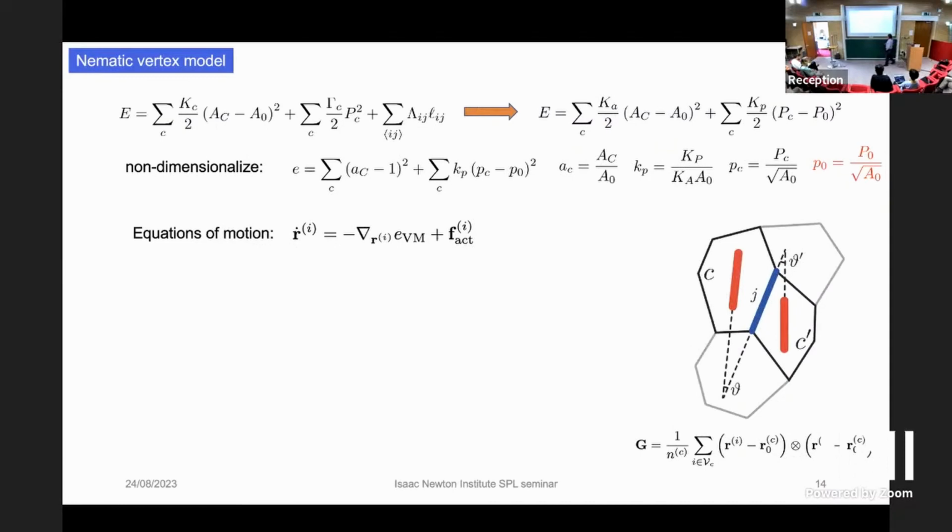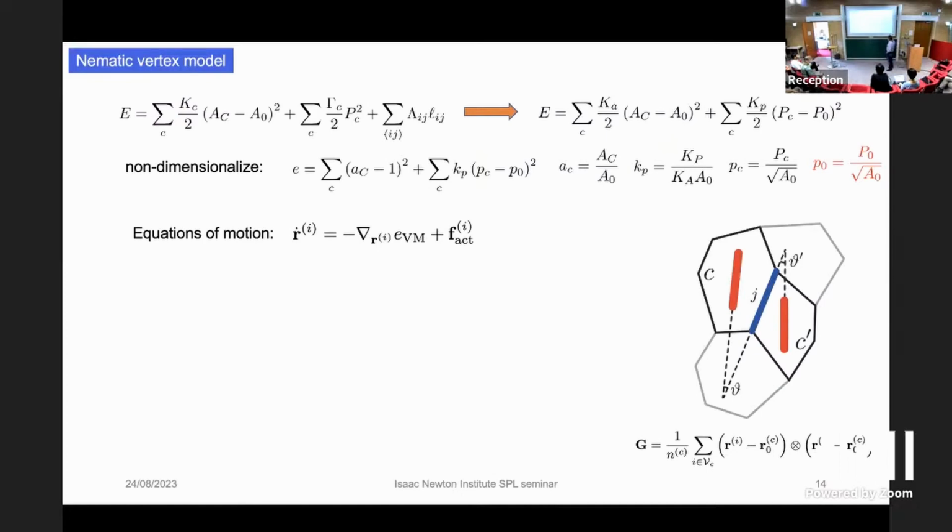So we take some kind of readout of the cell shape. In this particular case, we've used the moment of inertia, where we put unit masses on each of the vertices, and then calculate its principal axes, and the eigenvector corresponding to the larger of the two corresponds to our nematic director.